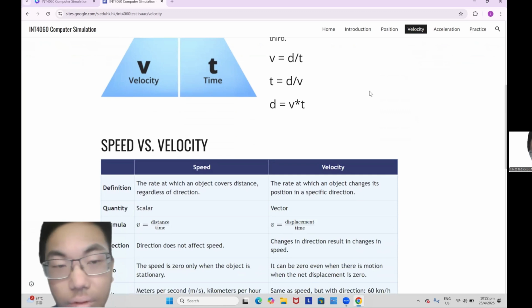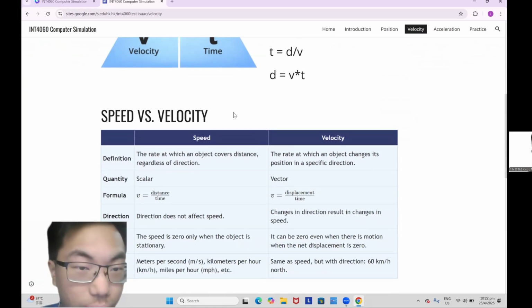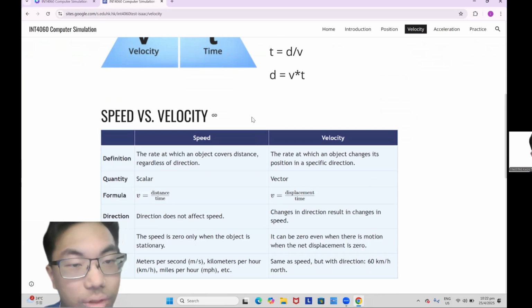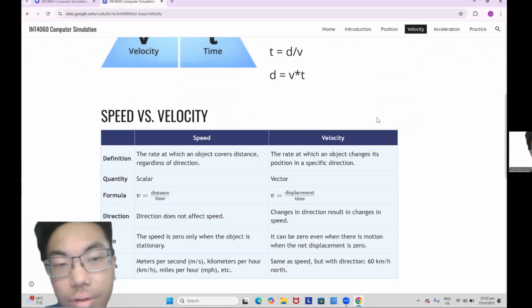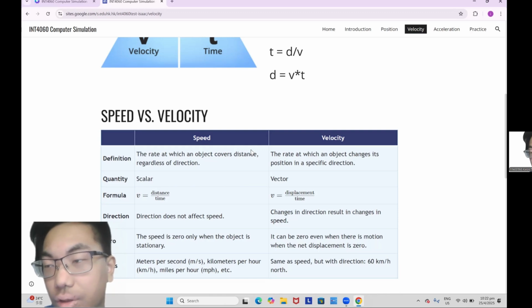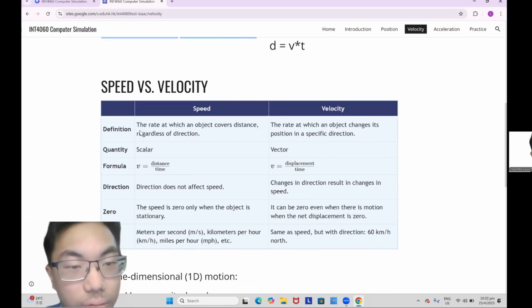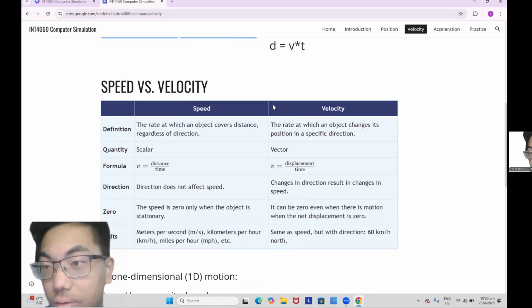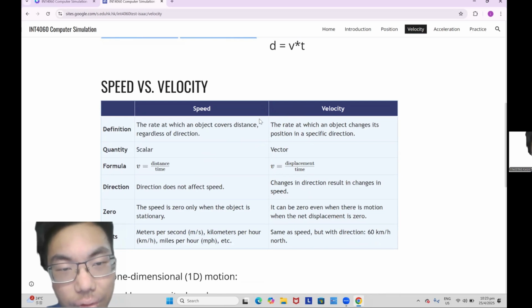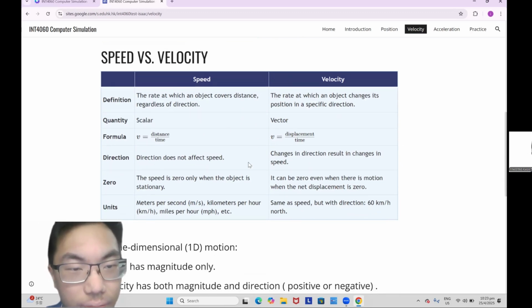And let's look at another metric, the speed versus the velocity. There is the comparison chart table, and it simply shows what is the difference between the speed and velocity.